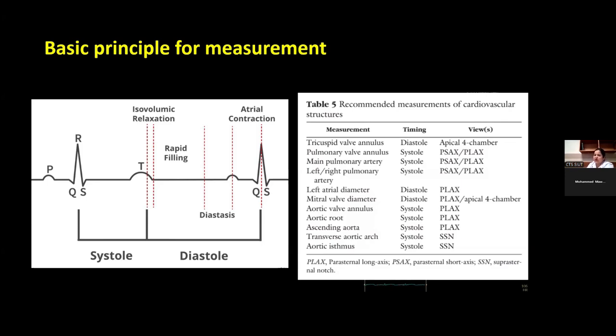While if you want to measure the aortic valve and pulmonary valve, you have to measure in systole, because you have to open the valves and then take the measurement, which gives you the exact measurement. Okay, now this is very important.